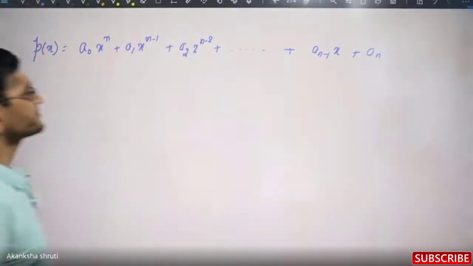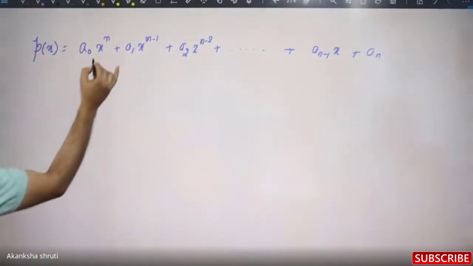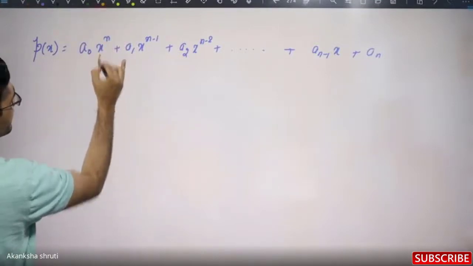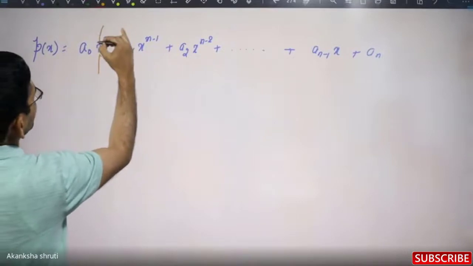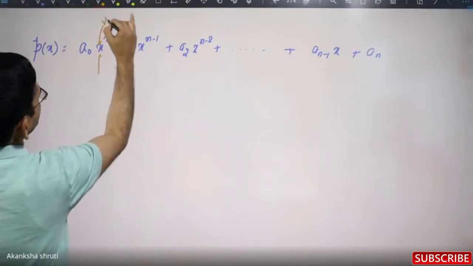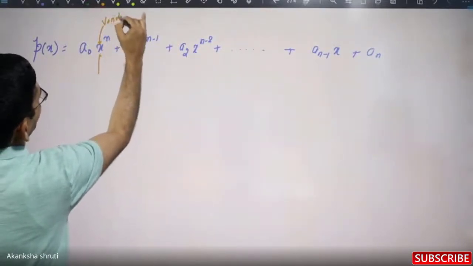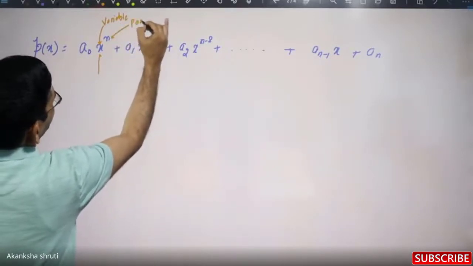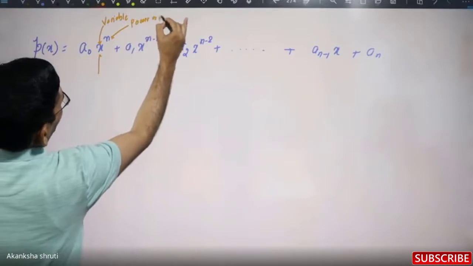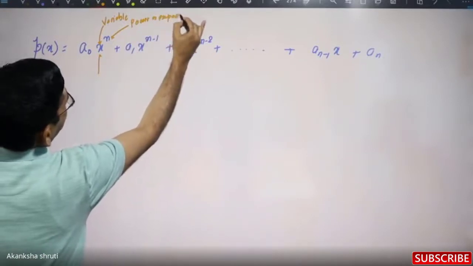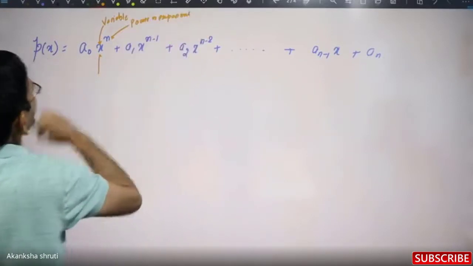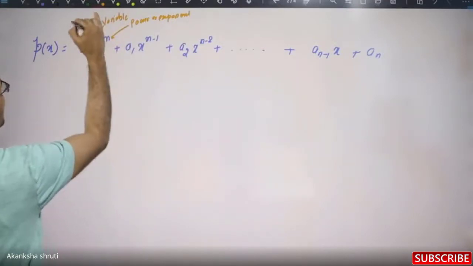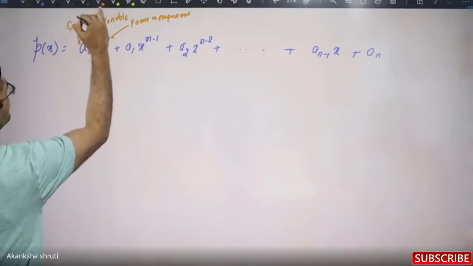Okay student, here this x is our variable, and this is the power or exponent of this variable. This which is in the multiple of this x is called the coefficients.